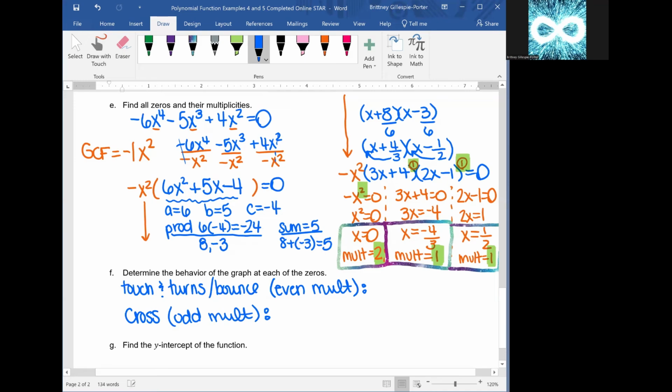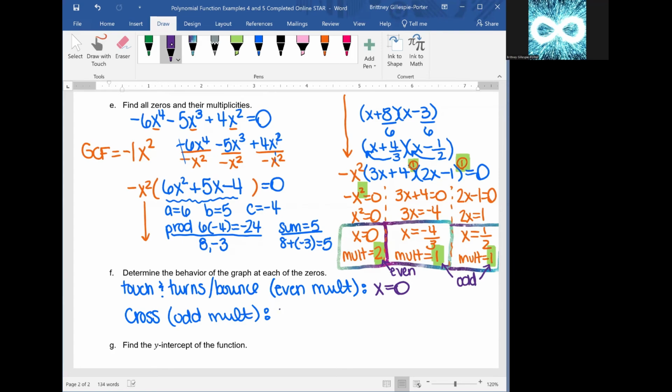Let's go back and look at our function, or not our function, our x-intercepts. If we look at x equal to 0, he has a multiplicity of 2, which is even. Because his multiplicity is even, that means the graph touches and turns at x equal to 0. X equal to negative 4/3 and x equal to 1/2 both have a multiplicity of 1, and 1 is odd.